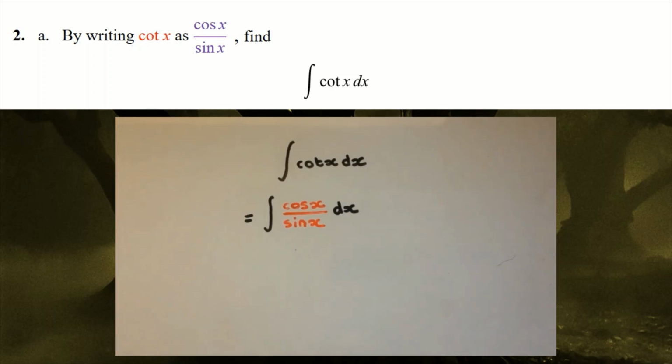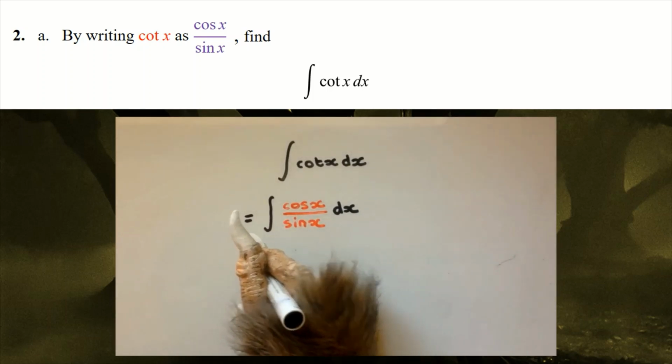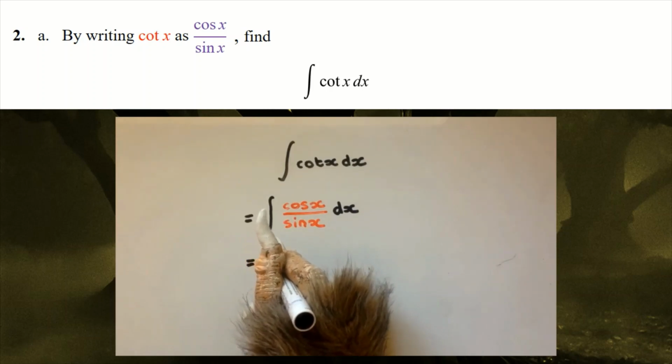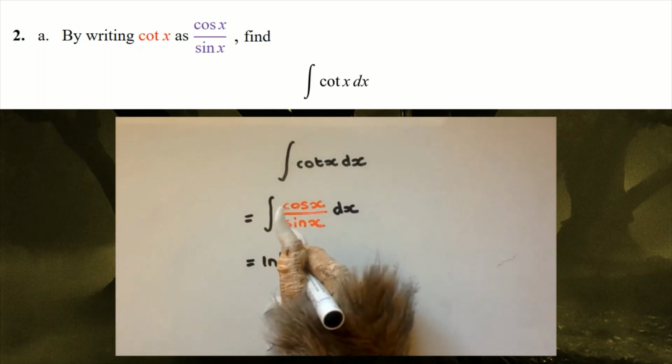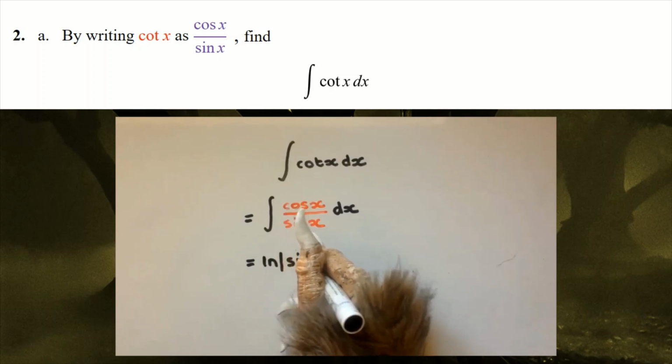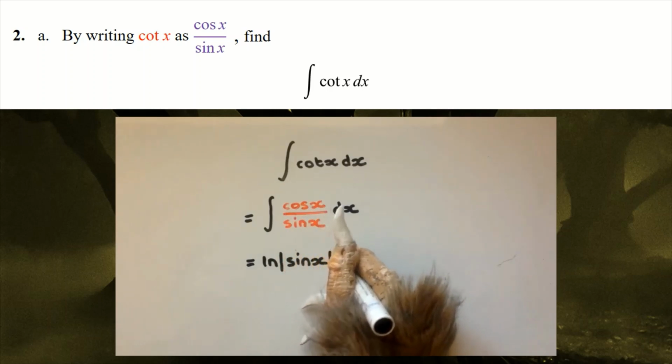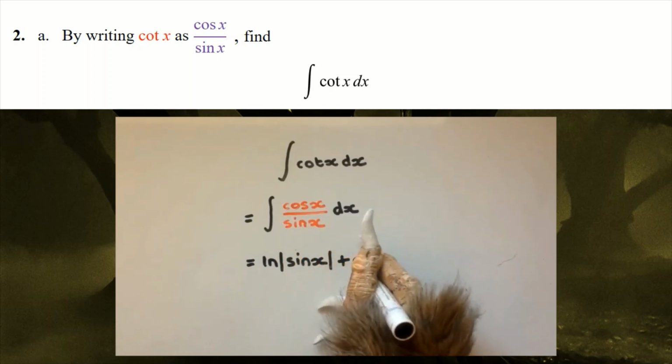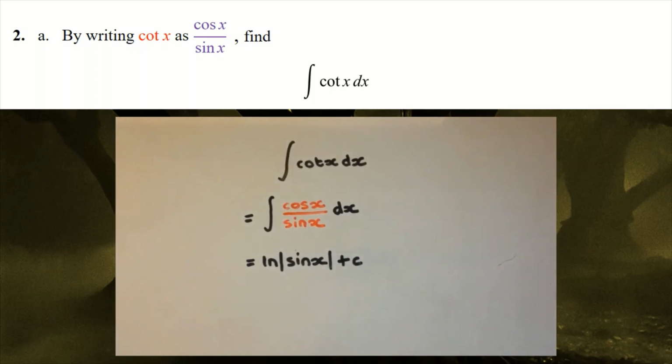This is a log function. So in conclusion, I can write down the answer. You've done this a few times now, so it's the natural log of the modulus of sine x plus c. There we go.